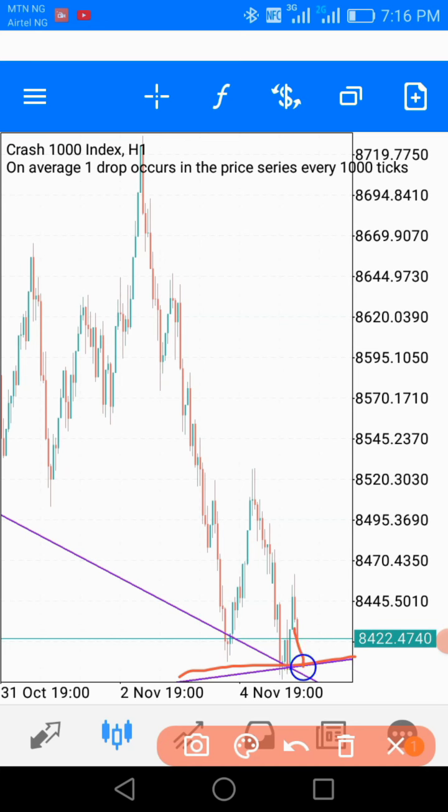So when it comes here and then bounces off, of course it must show me a sign of reversal, that it is going up again, which I will use my candlestick pattern to confirm, or I will use an increase in bullish pressure, that is increase in buying pressure, and volume.